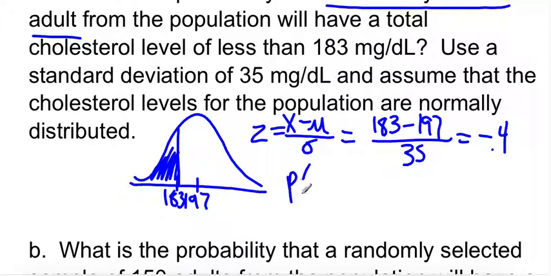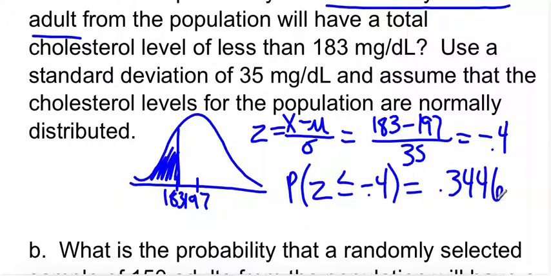In the table we're looking for the probability that z is less than or equal to negative 0.4, and negative 0.4 gives us 0.3446.